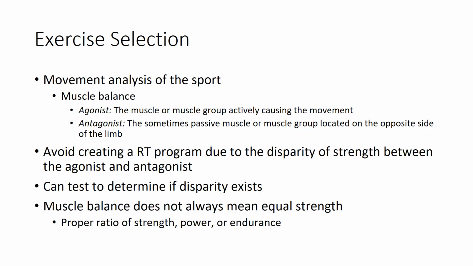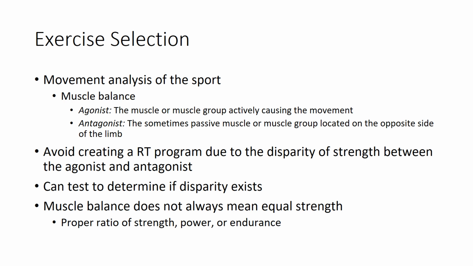When we look at the movement analysis of the sport for an athlete during our needs analysis portion, selecting exercises for the specific demands of the sport should maintain a balance of muscular strength across the joints and also between the opposing muscle groups.